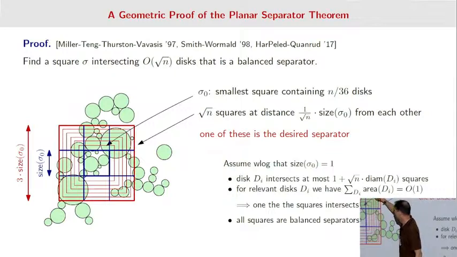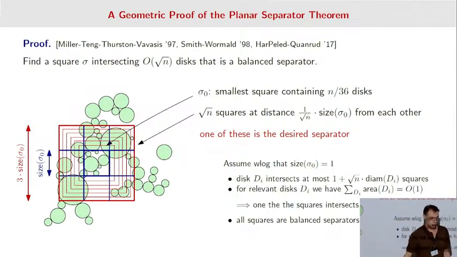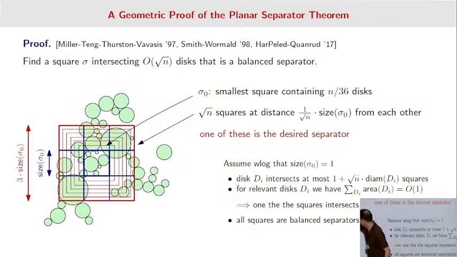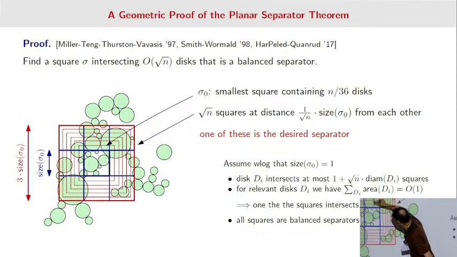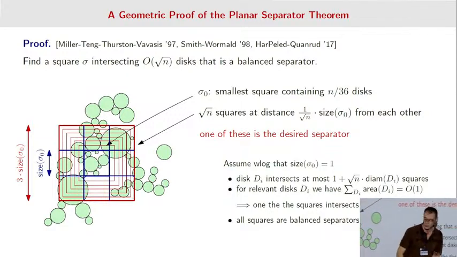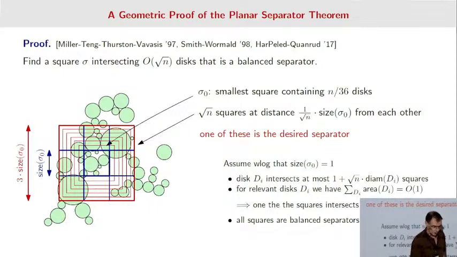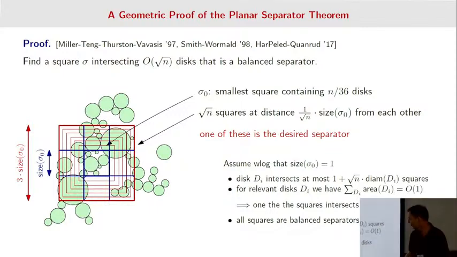Big disks are kind of dangerous because they're intersected by all these squares, but because of a packing argument, you can have only very few of them. And small disks, you can have many inside here, but of course, you're very likely to miss such a small disk. So the computation is not very hard.